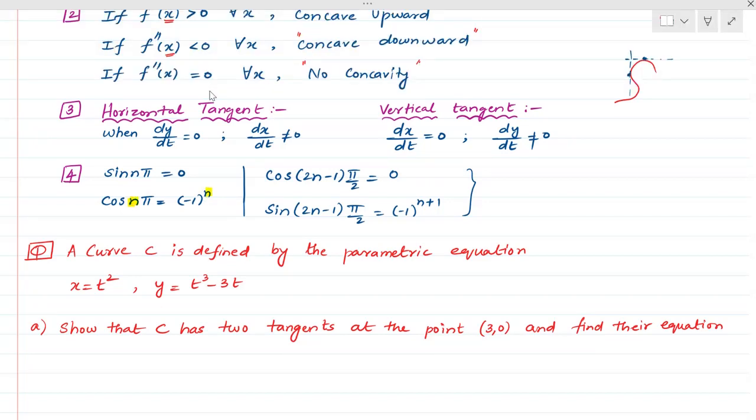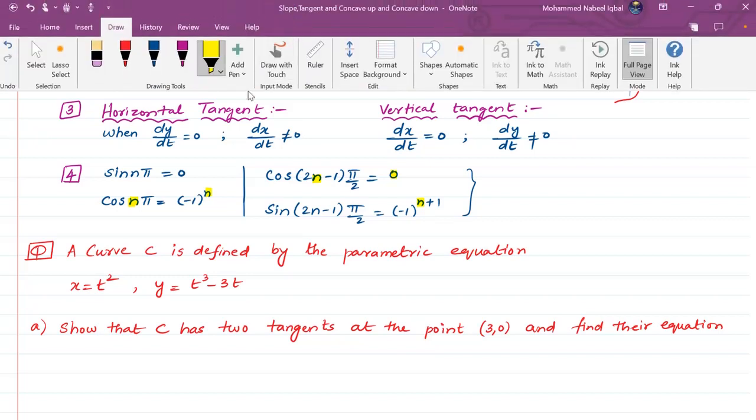Similarly, sine of 2n minus 1 times pi over 2 becomes minus 1 to the power n plus 1. So depending upon the n value, we will get plus 1 and minus 1. We will take one problem.